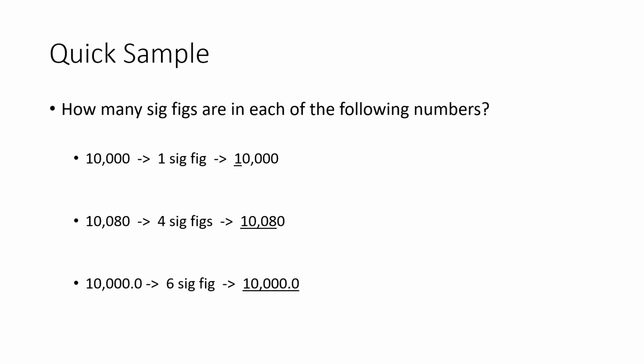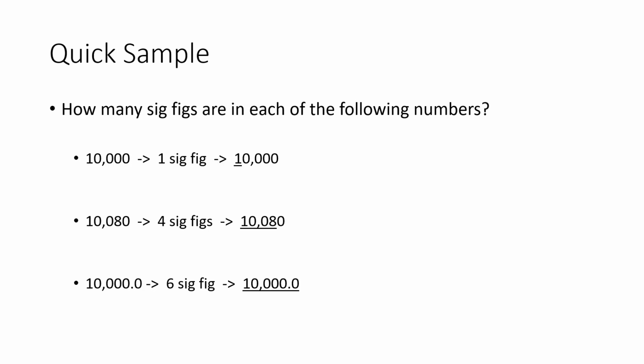It's still 10,000, but when you specify the decimal point and then continue onwards, zeros after the decimal point are considered significant, typically speaking. And since that 0 after the decimal point is significant, that makes all the zeros between it and the other significant digit also significant.